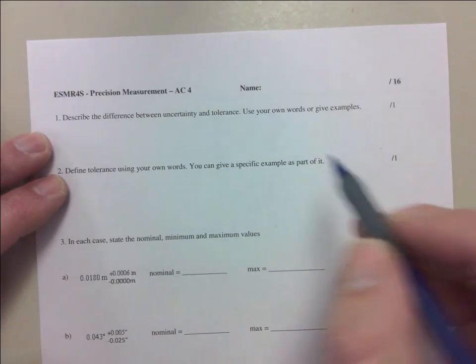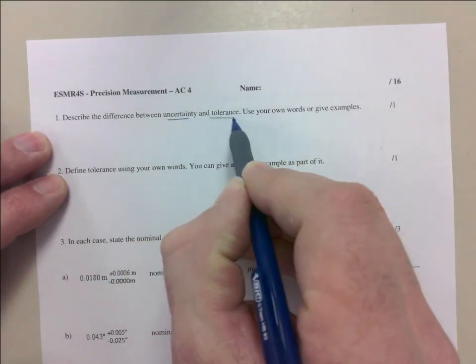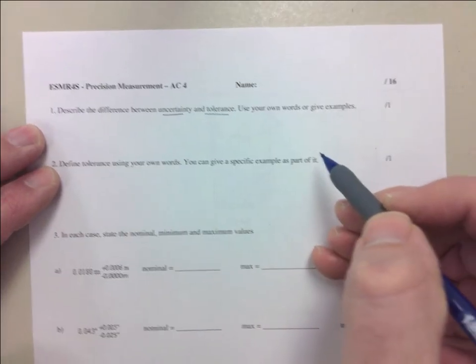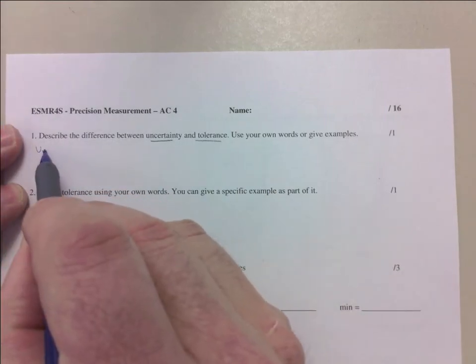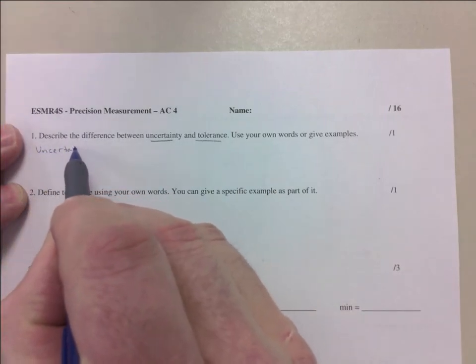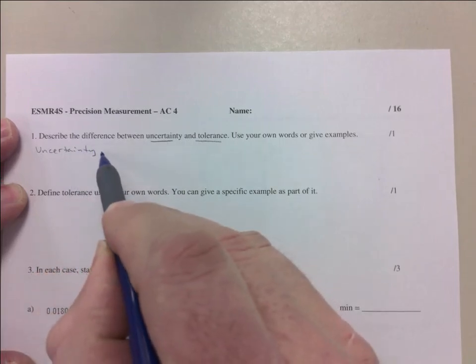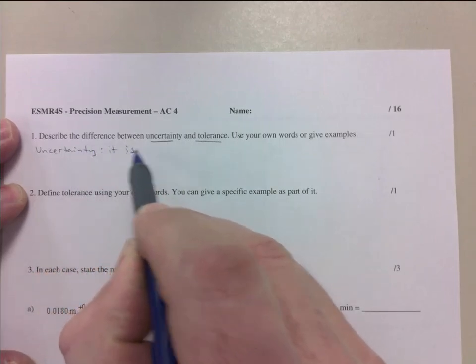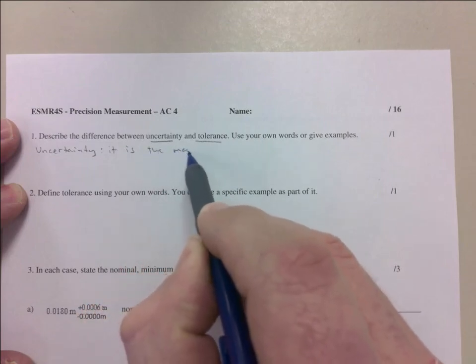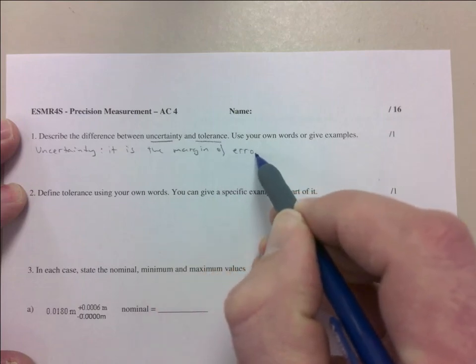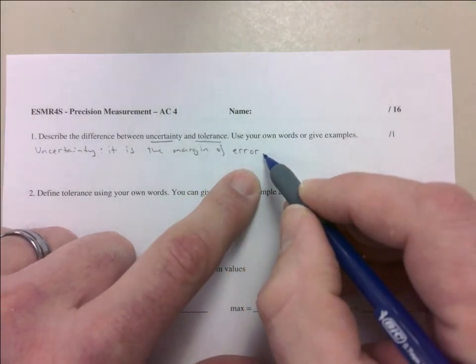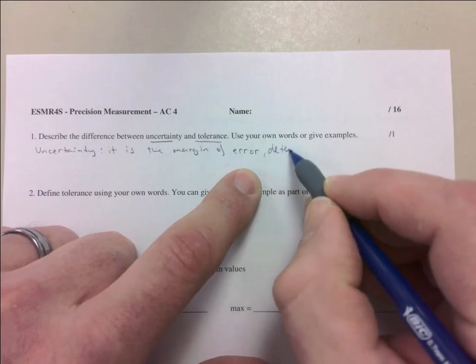The difference between uncertainty and tolerance. Use your own words to give examples. Okay, so uncertainty, you can say something like this. It is the margin of error, and it's determined by what?